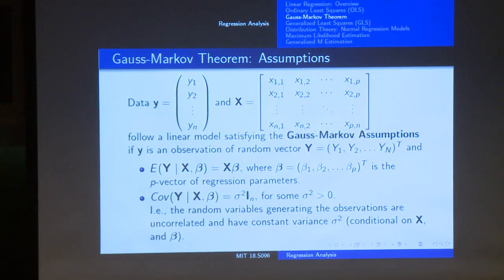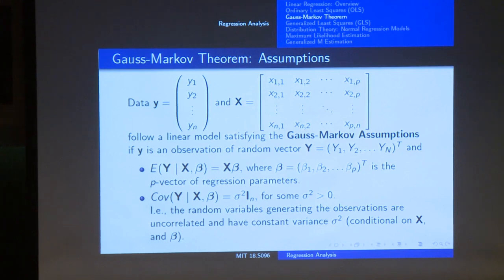And the expectation of this vector, conditional on the values of the independent variables and the regression parameters, is given by x beta. So the dependent variable vector has expectation given by the independent variables matrix times the regression parameters.